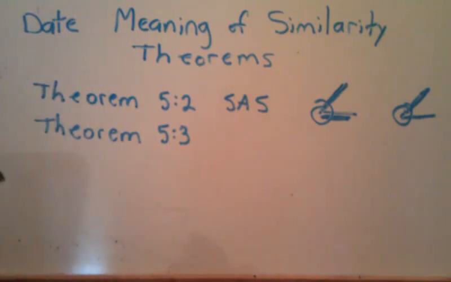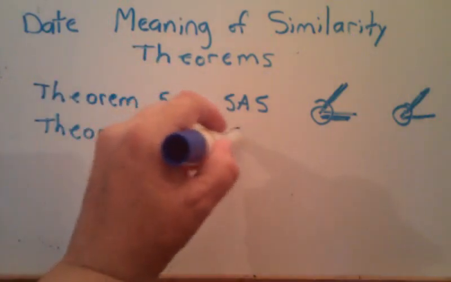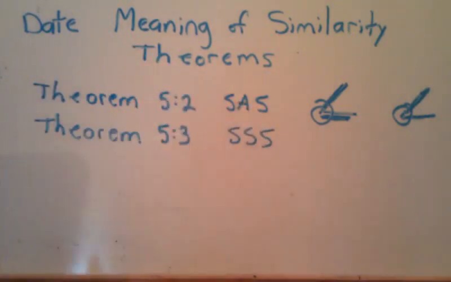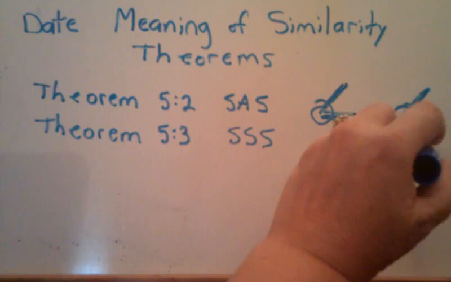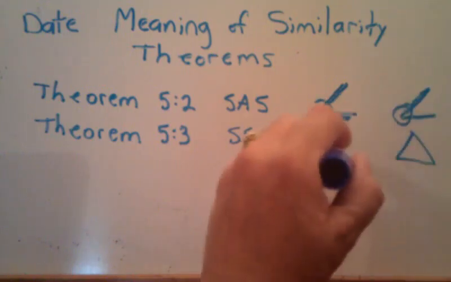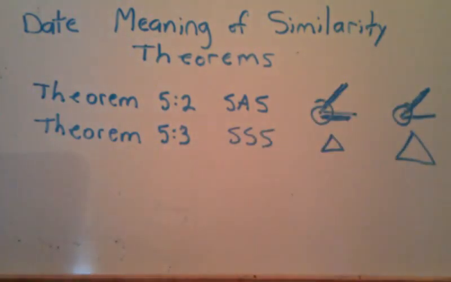Are you understanding that? Whatever I write here, I want in your notes. Theorem 5.3 is called the side-side-side theorem. And that states that if you can show that these three sides of one triangle are similar to these three sides of another triangle, that means that both of the triangles are similar.